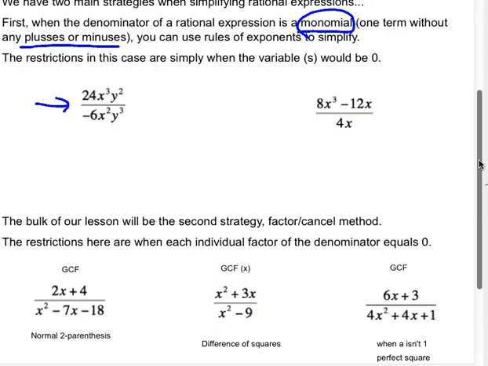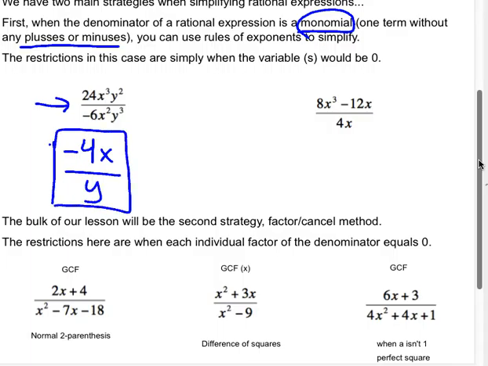Looking at this one, 24 divided by -6 is just -4. X cubed divided by x squared, subtract the exponents, 3 minus 2 leaves me with 1. Y squared divided by y cubed, 2 minus 3 leaves me with a -1, which means that y is going to be in the denominator. So this is what the simplified expression looks like.